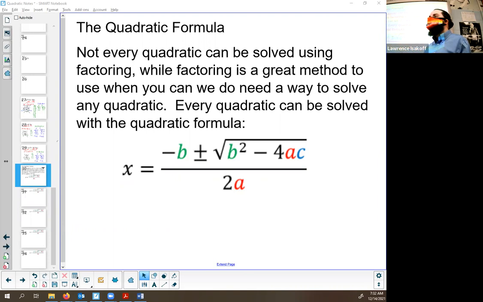You do it once with a plus sign and once with a minus sign to determine where your two solutions are. First example we do, we're actually going to utilize the quadratic formula that I believe I set it up so it can also be solved using factoring. We will show both give us the same answer when you can do both.